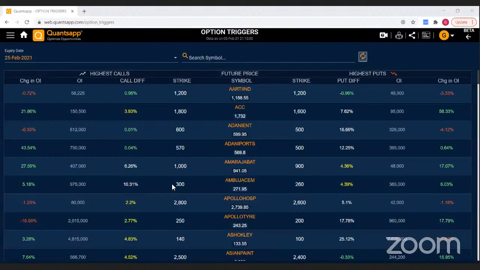If there is a lot of unwinding on the call side, that shows nervousness among the call writers at that particular point. They might believe that the prices might go up. So always look at how the option participants are doing, whether they are increasing or decreasing positions, or whether they are shifting upward or downward, which gives us a good idea.